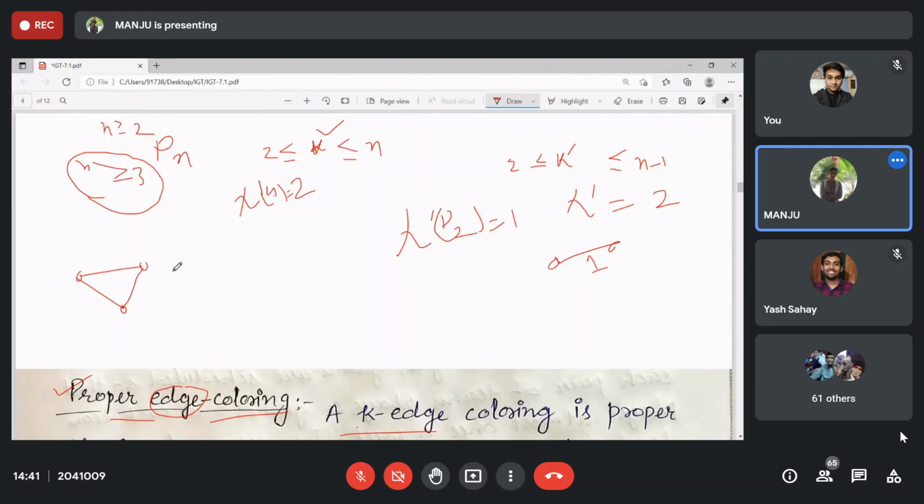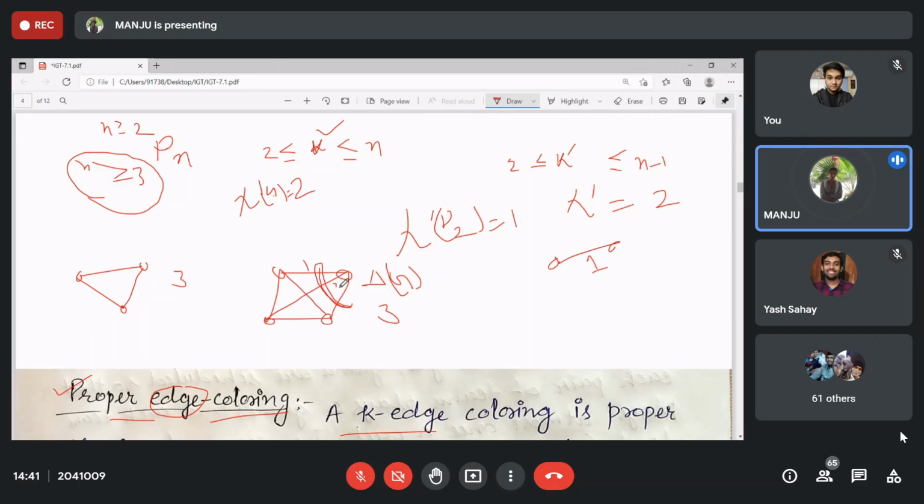So 3, and maximum also 3. What about K4? 4. Why? These 3 are adjacent over here, right? So delta G, you can say, is 3 for these.